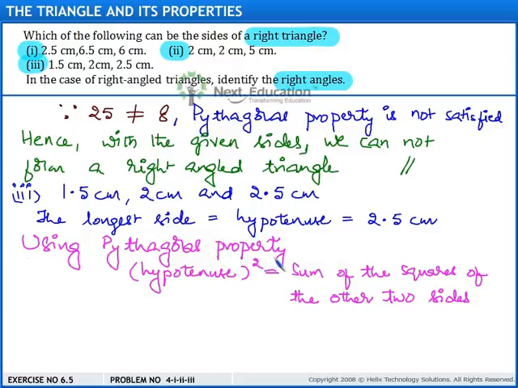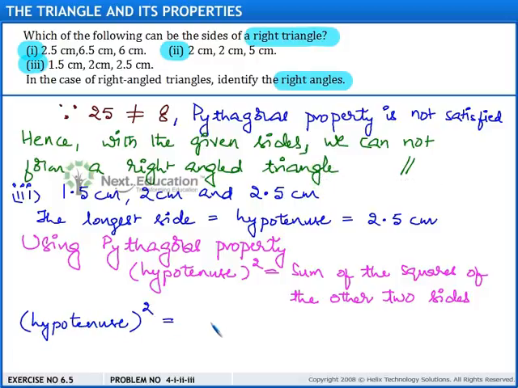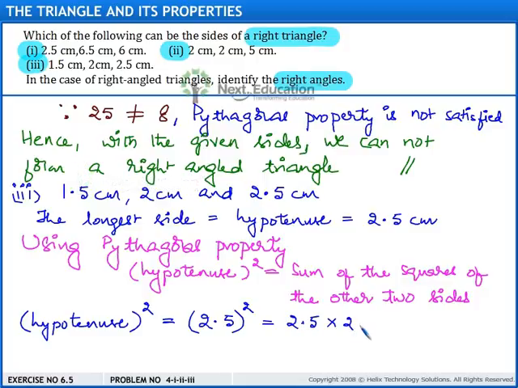Using Pythagoras property, the square of the hypotenuse is equal to sum of the squares of the other two sides. Now let us check this. The square of the hypotenuse is equal to 2.5 whole square, which can be written as 2.5 into 2.5, and this gives us 6.25.